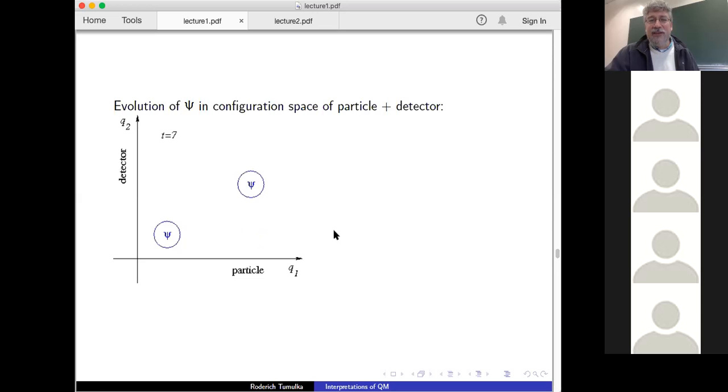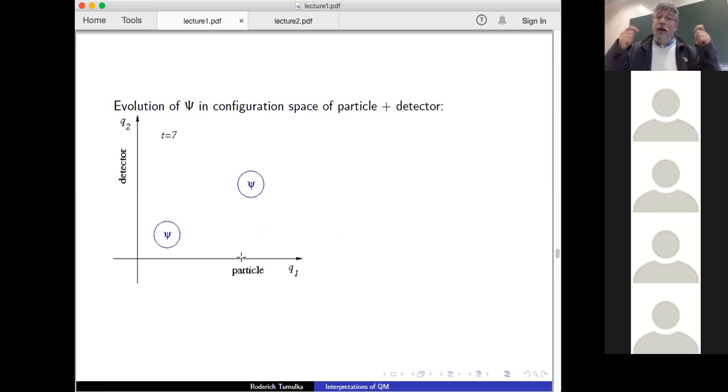Okay, now as time evolves, the particle, or at least the part of the wave function that's in this region, let's say this is the region where also the detector is. And if the particle is here, then it interacts with the detector. And the interaction with the detector will have the consequence that the detector somehow changes its state, that some of the particles in the detector go to different places.